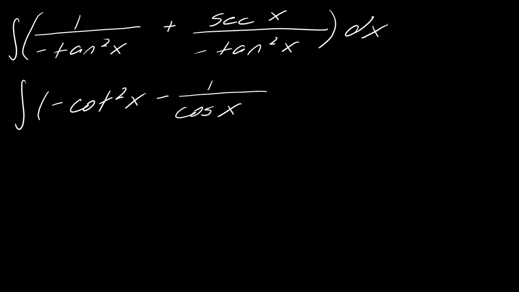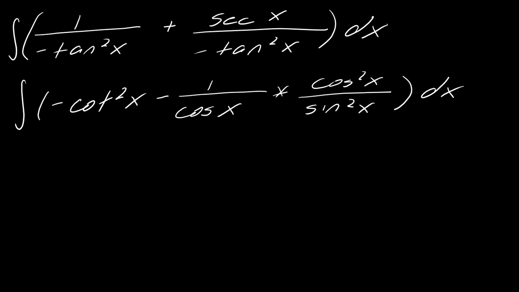And then being over tangent squared x, tangent is sine over cosine, but since it's in the denominator, this is cosine squared x over sine squared x. And so then you can see that this cosine will drop out. So, okay, now what am I left with? I'm left with negative cotangent squared x minus cosine x.